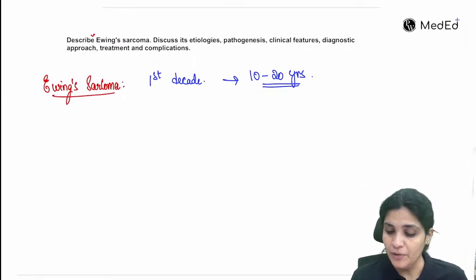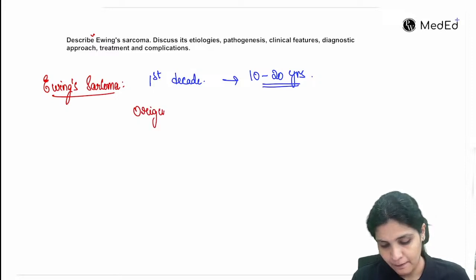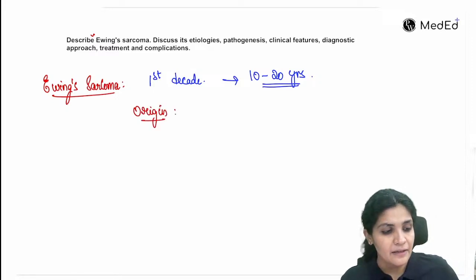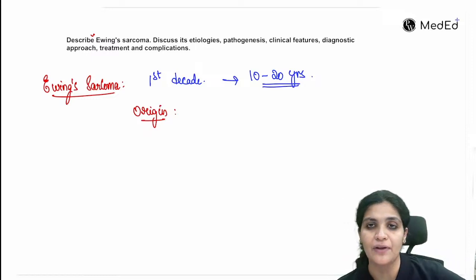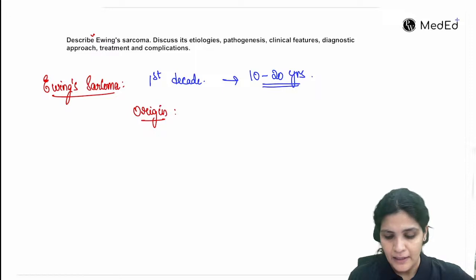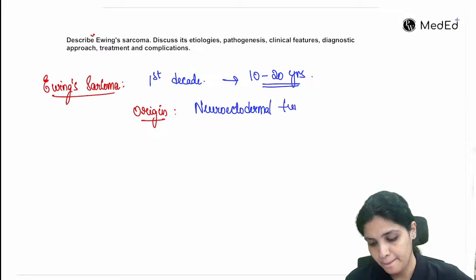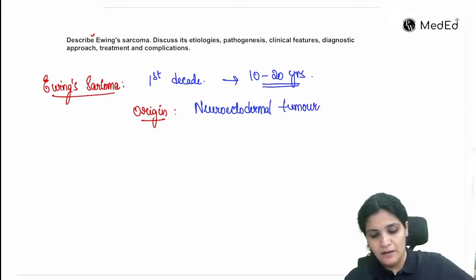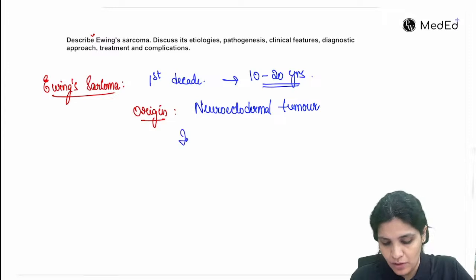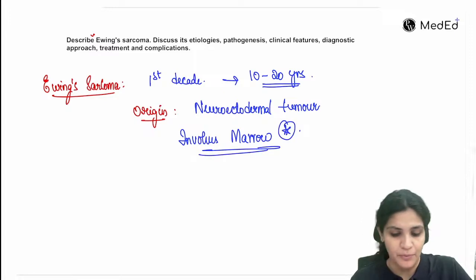And then one more thing you have to remember is the cell of origin, which is neuroectodermal. It usually involves the marrow, so bone biopsy is very, very important.